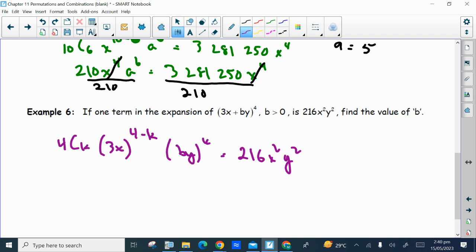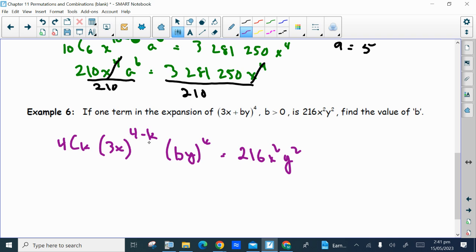So what must k equal? Why 2? The exponent on x has to be 2.